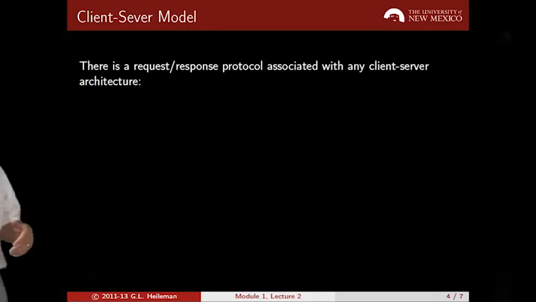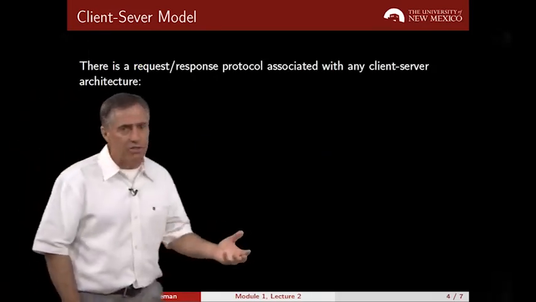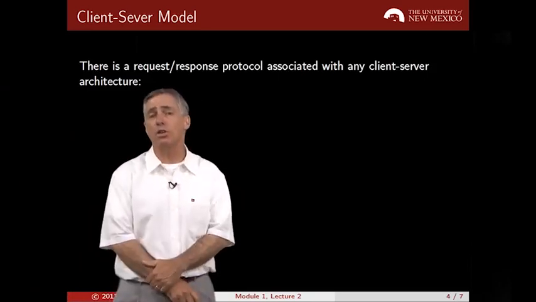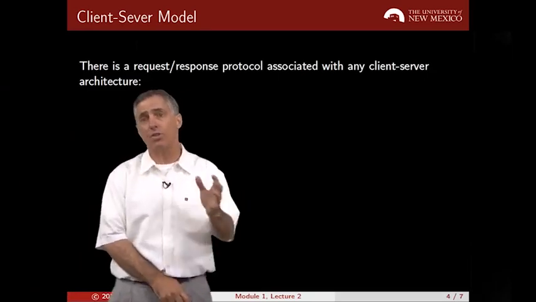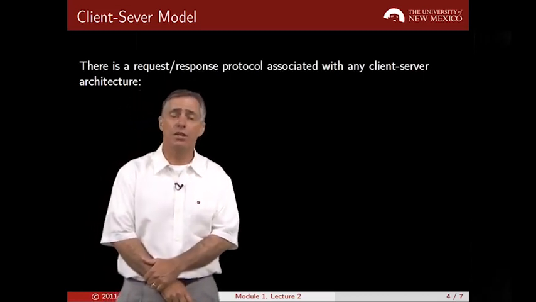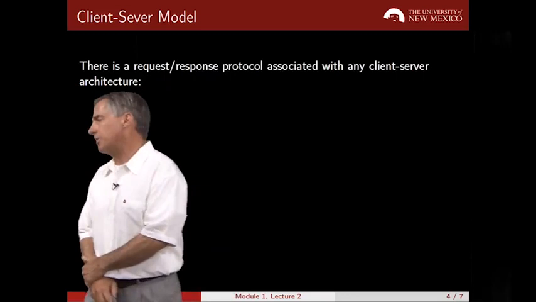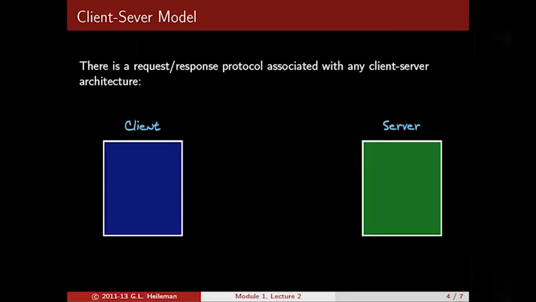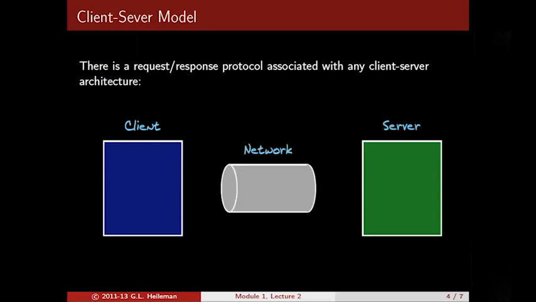So this request-response cycle is what web applications are all about. What happens on the server side gets more and more complicated, as we'll see when we look at more sophisticated web applications. So here we have a client, and here's our server, and here is the request-response protocol that takes place over a network.